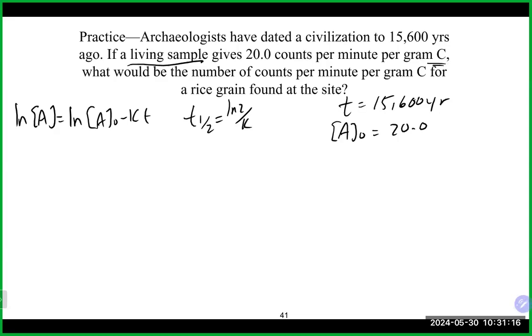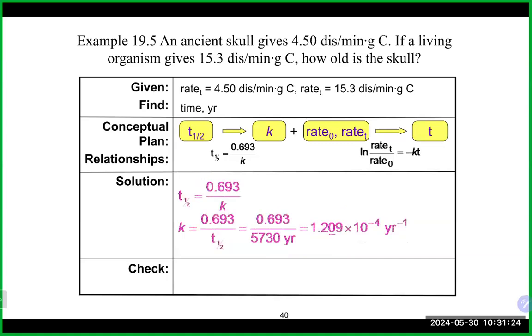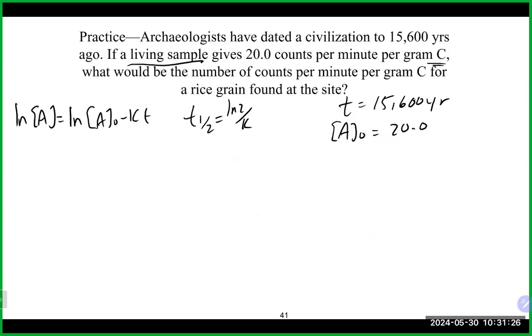We are going to use the same half-life that we had there, which was 5730. And we're looking for how many counts per minute it will give at the end.